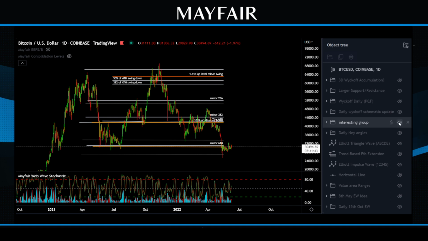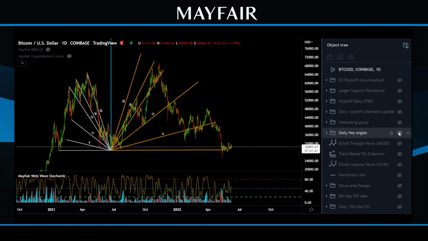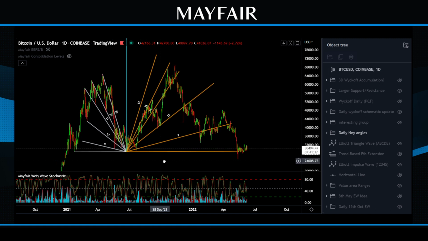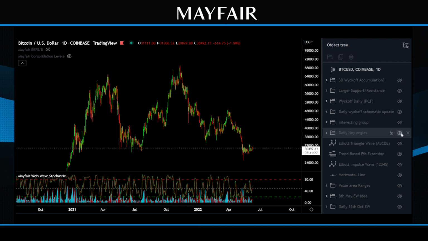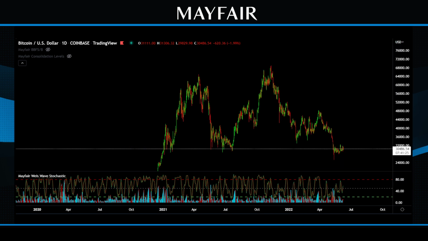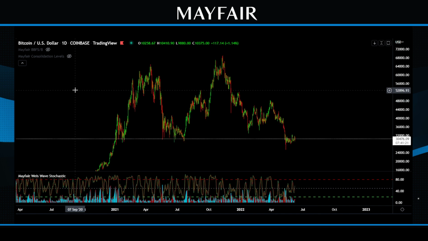Okay, so I'm just flicking through some of what I've got here. This is a higher angle. Now, you can see how well respected these levels are. We've sat at this. This is just confluence for me in terms of a much, much bigger picture. So as I said right at the start, I think this is A, potentially accumulating.